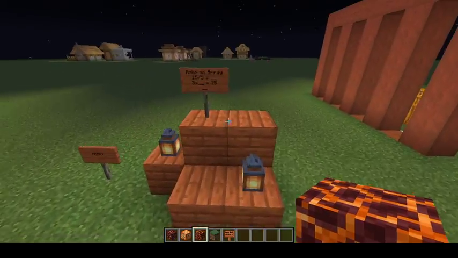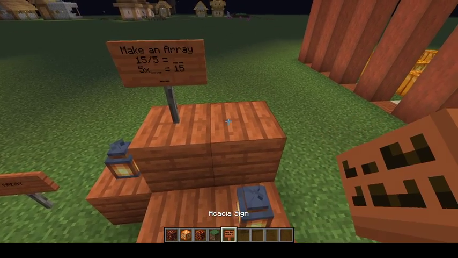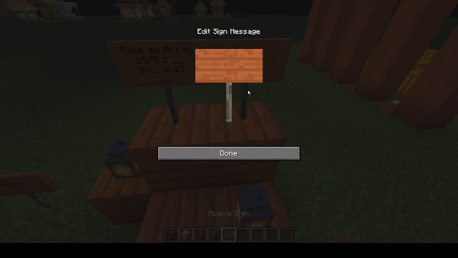So if we look, we will have 5 times 3 columns equals 15 blocks. That also means that 15 divided by 5 that we had earlier, so we're looking for that missing number, is going to also be 3.